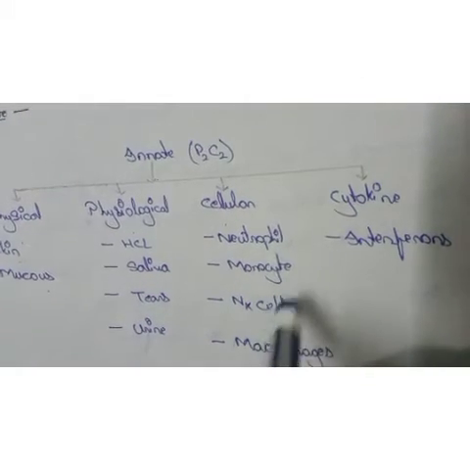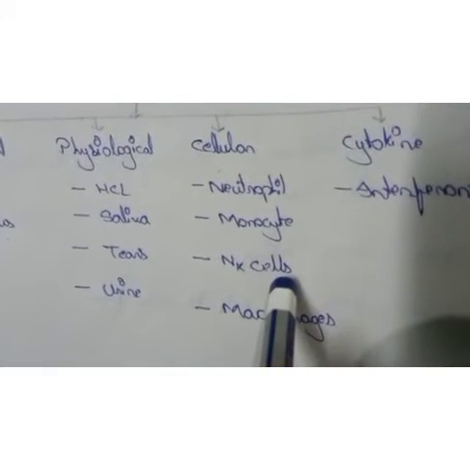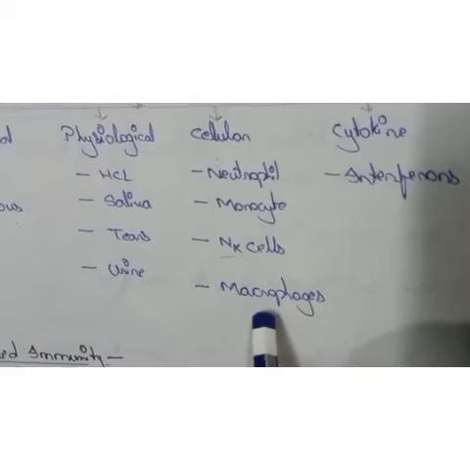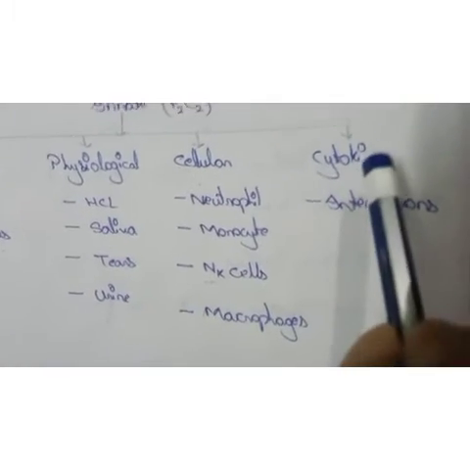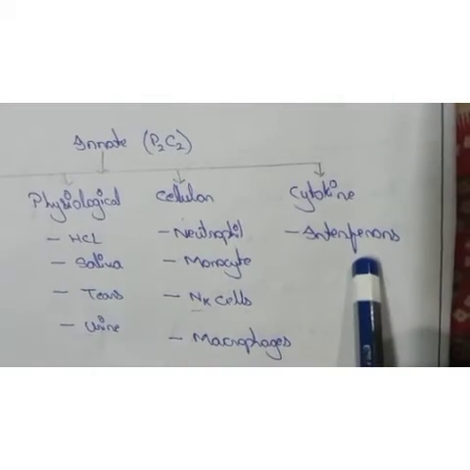Cellular is neutrophil, monocyte, NK cell, meaning natural killer cell, and macrophage. In cytokine there is interferons.